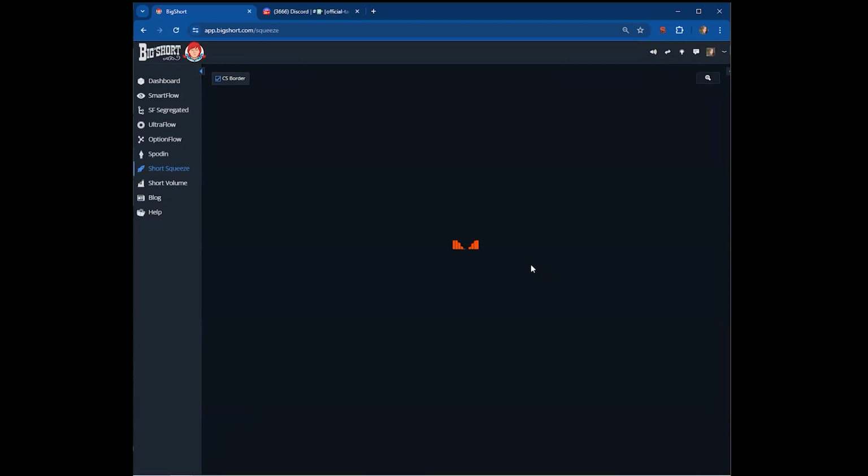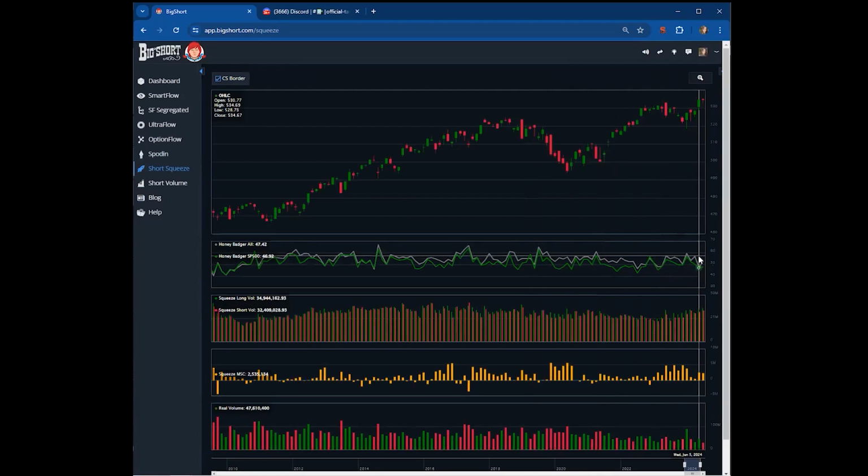Next, we have short squeeze. This is where you can see whether or not the next day is a honey badger day. The honey badger signal is our back-tested and forward-tested 90% win rate signal. What it means is, like here for example, this is considered a honey badger day.